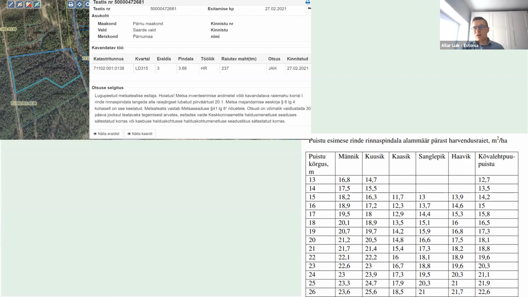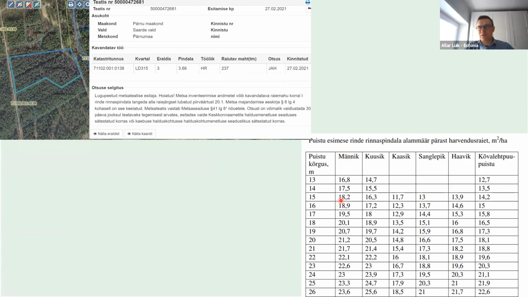And on the right side of the screen, you can see this table that regulates how much can be harvested during thinning, or it actually regulates what the outcome needs to be after the thinning. So, for example, this is a pine stand, mänd, and if you have a 15 meter high pine stand, it needs to have a basal area of 18.2 square meters per hectare when the thinning is complete.